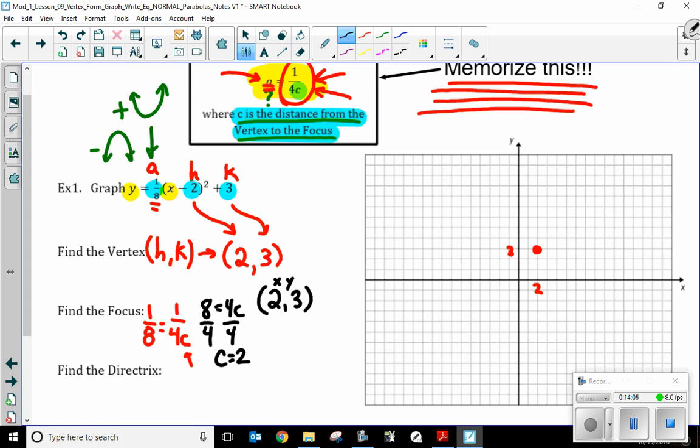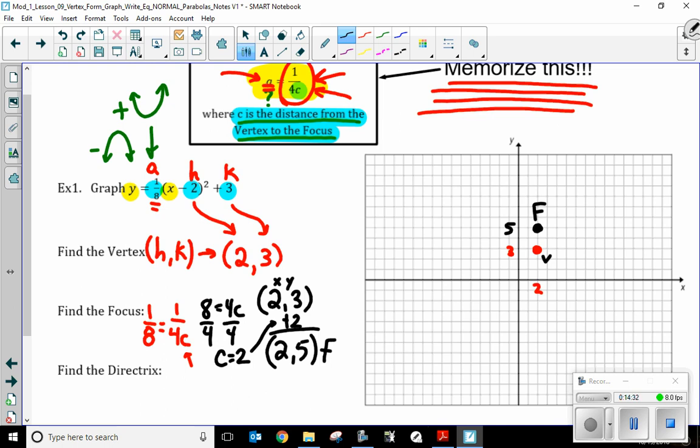My X determines the left and right. My focus should be above. It should go up. So I'm going to add 2, which is my C value, and I get 2, 5. That is my focus. So we go to 2, here's 5, 2, 5. This is my focus. This is currently my vertex.